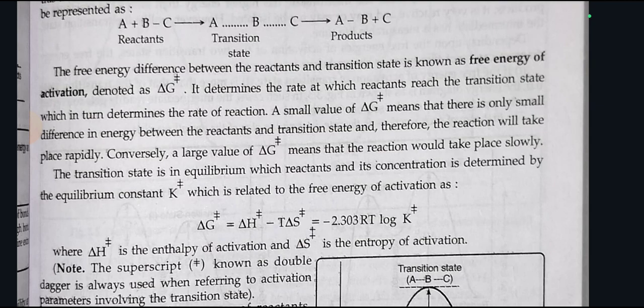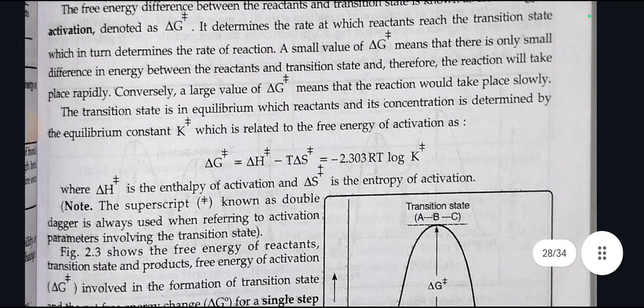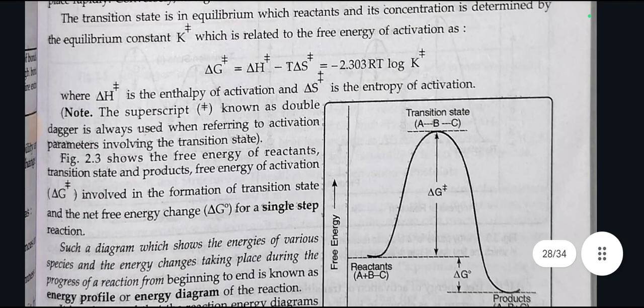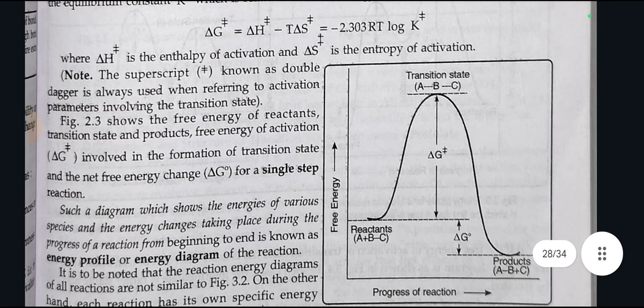The transition state is in equilibrium with the reactants and its concentration is determined by the equilibrium constant K double dagger, which is related to the free energy of activation as delta G double dagger is equal to delta H double dagger minus T delta S double dagger, which is equal to minus 2.303 RT log K double dagger, where delta H double dagger is the enthalpy of activation and delta S double dagger is the entropy of activation.